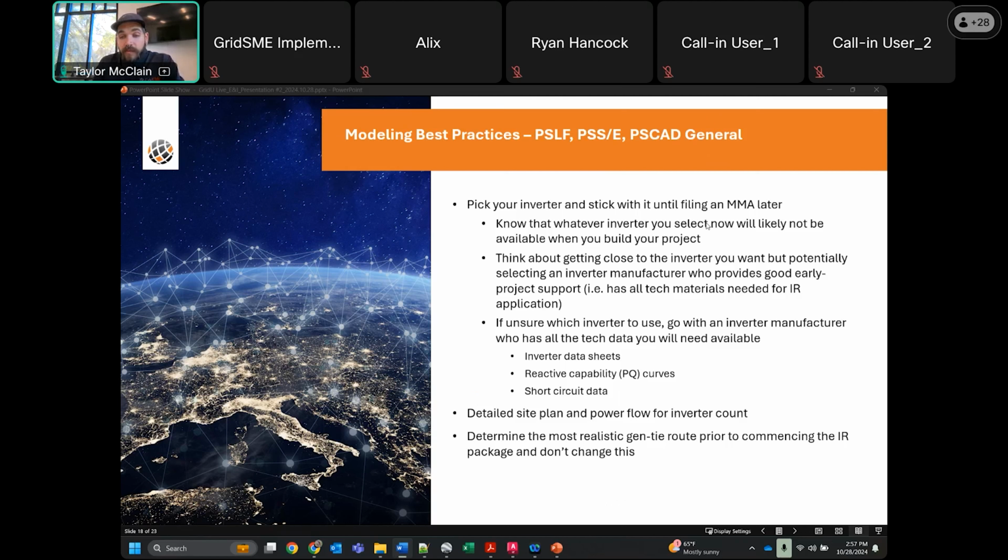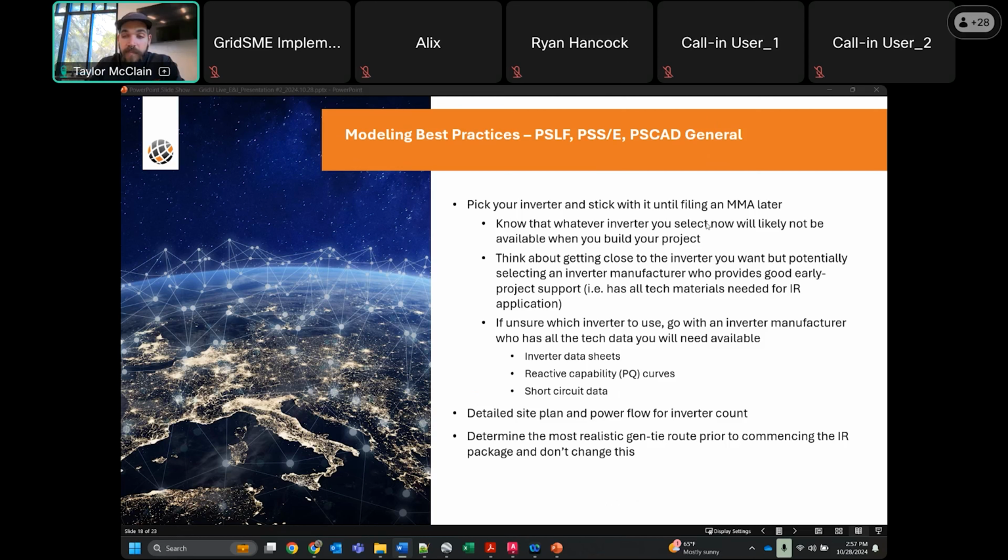Because sometimes it could be even hard to get a reactive capability curve from someone for a certain temperature range, or a number of different things. The short circuit data is often requested by utilities in a number of different formats. So while they might have the short circuit data for your basic current values, they might not have the NERC table, which is required by some folks like CAISO.